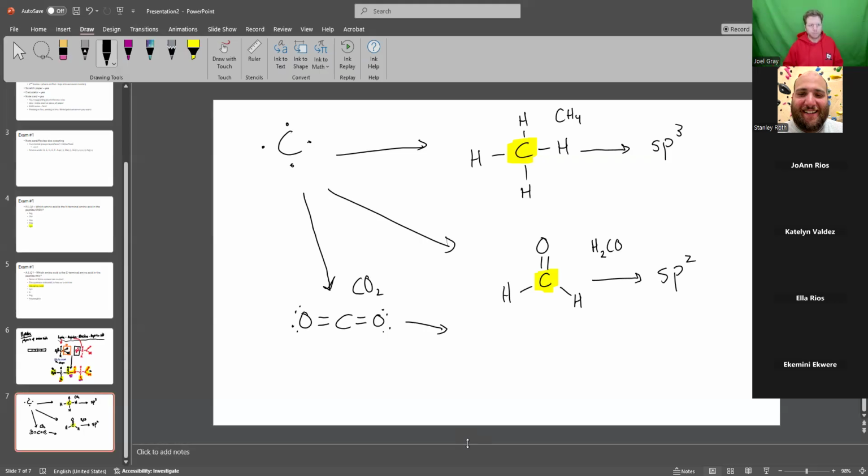How many things are around my carbon? I have two things, two oxygens. So sp is what surrounds my carbon. So this is sp hybridized.